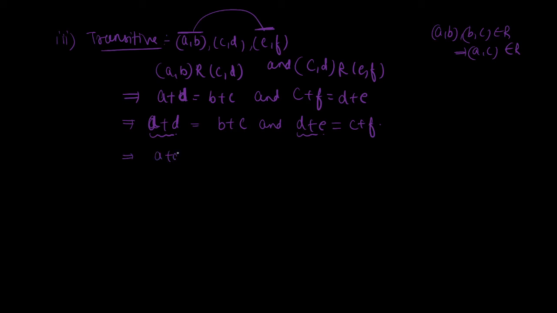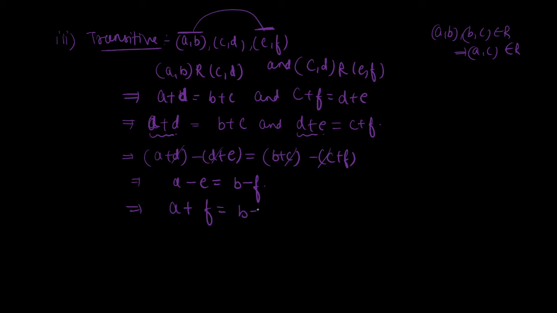This will be (a plus d) minus (d plus e) is equal to (b plus c) minus (c plus f). So I can write a minus e is equal to b minus f, because d will be cancelled and c will be cancelled. So this implies a plus f is equal to b plus e. So this implies (a, b) is related to (e, f). So I can say that my relation R is a transitive relation.